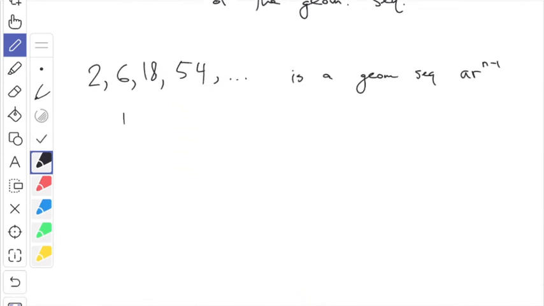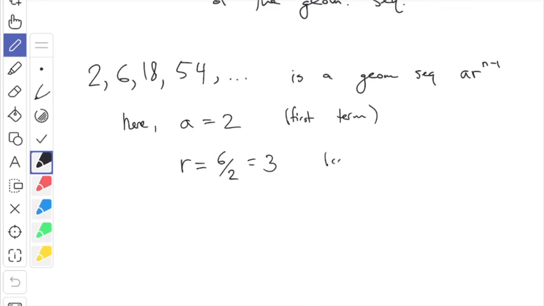So here, a is 2. a is always equal to the first term. And what's the r? The r is the ratio of each term divided by the previous one. And you can choose whichever one you want. You might as well just choose the 6 divided by the 2, right? r is the ratio of each term divided by the previous one, which is 3.